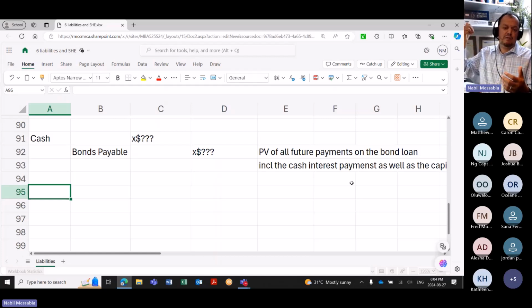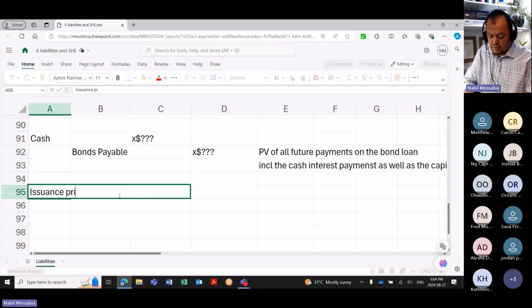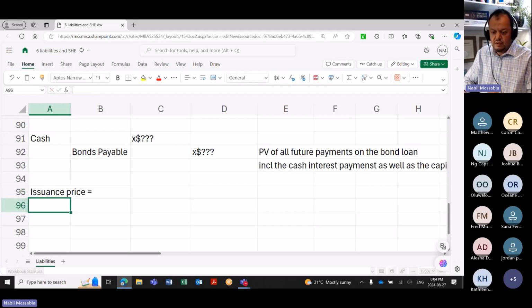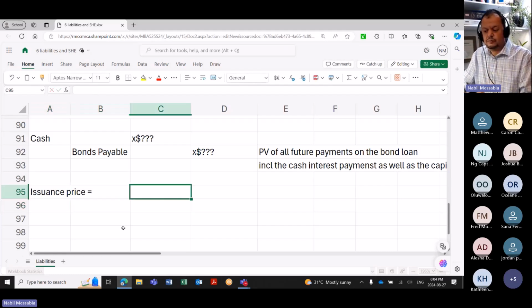This is not like the example we did before, where the single sum was paid after 5 years while the last interest payment was after 4 years. That present value is the issuance price.